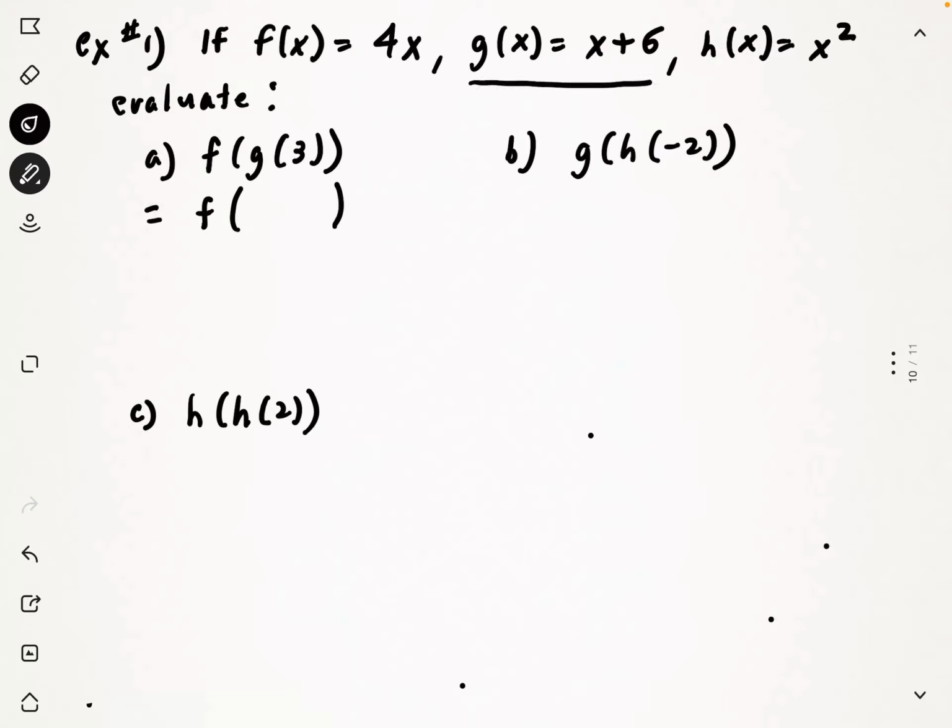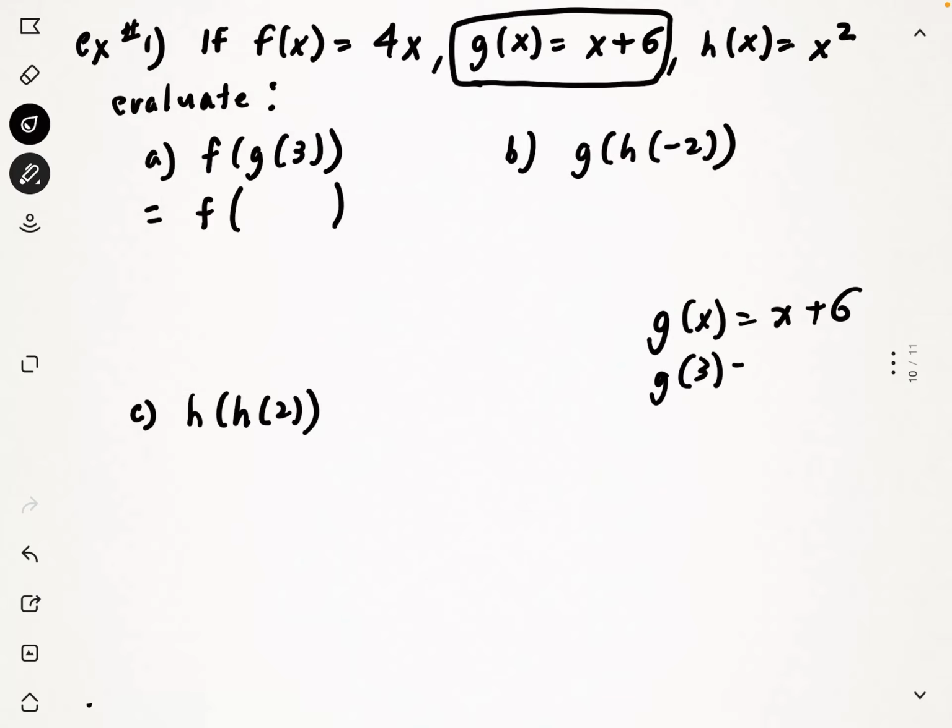So we're going to look at this function right here in the middle, and we're plugging in 3 for x. So basically you have 3 plus 6. So if you have g of x equals x plus 6, g of 3 is equal to 3 plus 6, which is equal to 9. So you would put a 9 in here in place of g of 3.